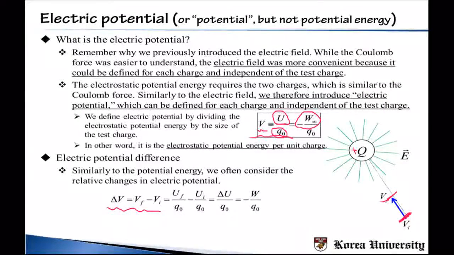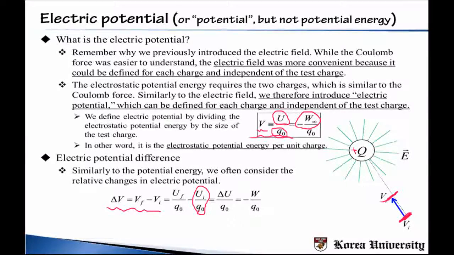And how do we actually calculate VI and VF independently? Of course, go back to the definition: VI will be UI divided by Q naught, where UI is the electrostatic potential energy of the test charge at this location, and UF is the electrostatic potential energy of the test charge at this location.